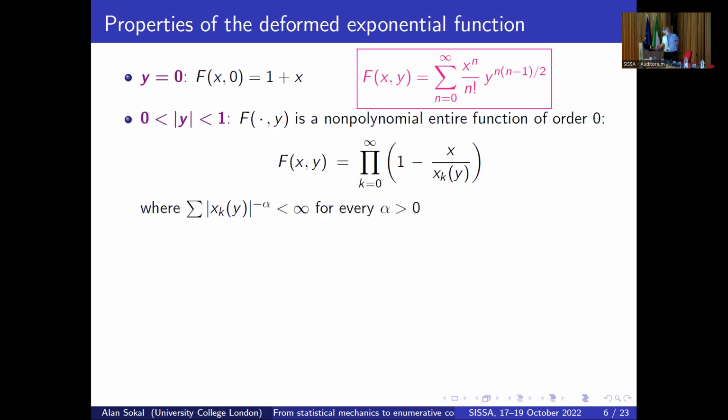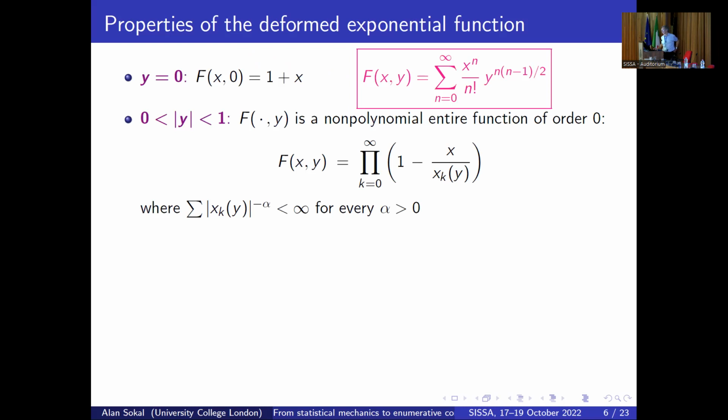If y is between 0 and 1 in magnitude, then it's easy to see this series converges for all x because y to the n choose 2 decays very fast. So it's an entire function of order 0. Order 0 means that the growth is very slow.